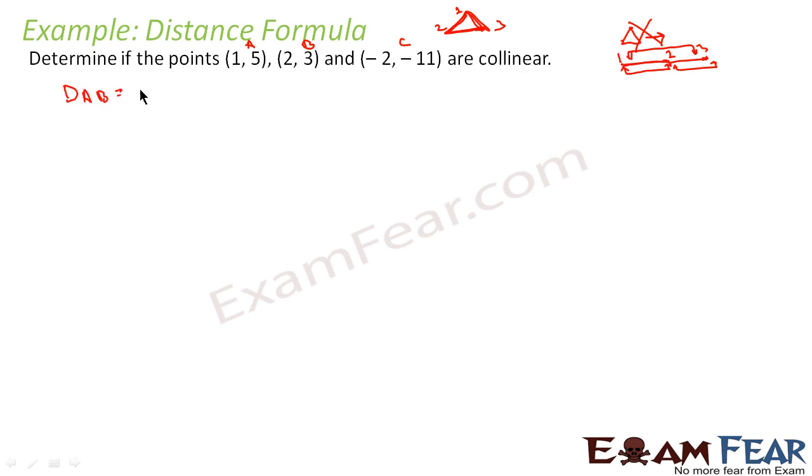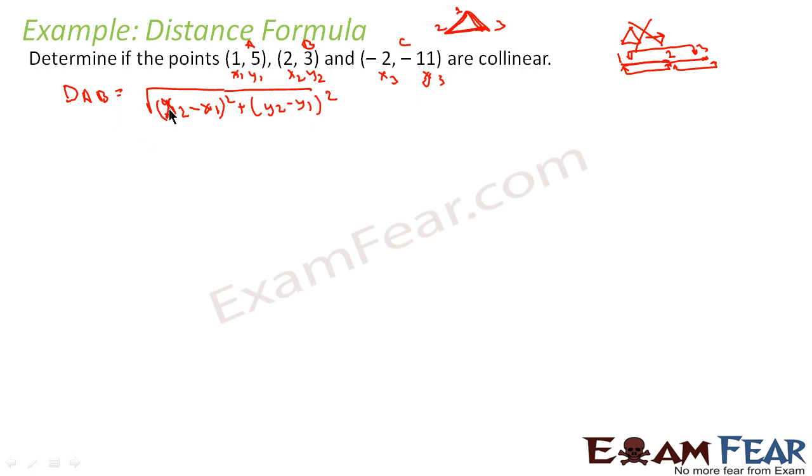Let's suppose these are (x1, y1), (x2, y2), (x3, y3). I'm talking about points A and B. The distance will be nothing but root over (x2 minus x1) square plus (y2 minus y1) square, and the whole thing is in root.